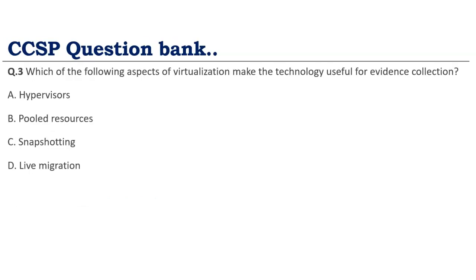And the next one: which of the following aspects of virtualization makes the technology useful for evidence collection? In the cloud, virtualization helps in evidence collection. Is it the hypervisor, pooled resources, snapshotting, or live migration? We have seen that it can be a real evidence weapon.